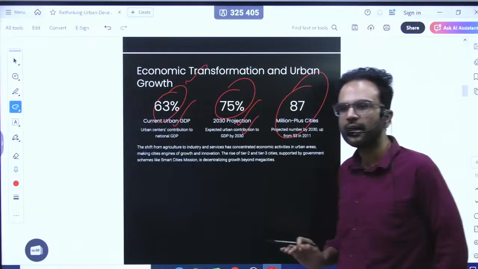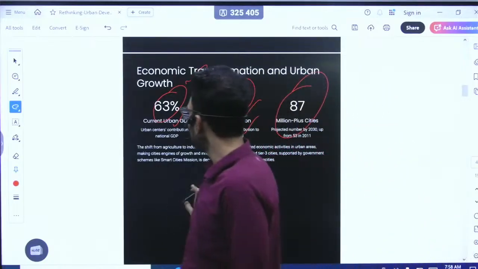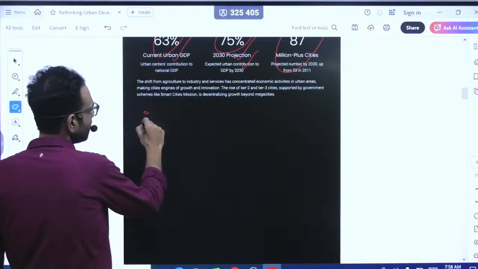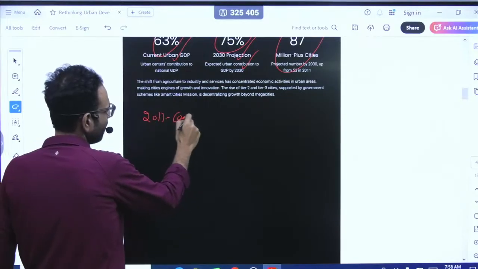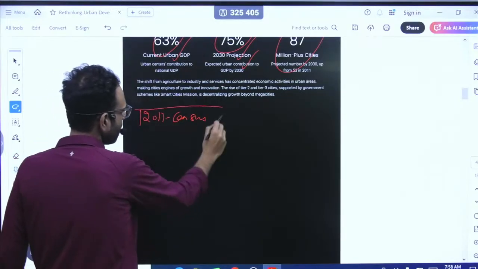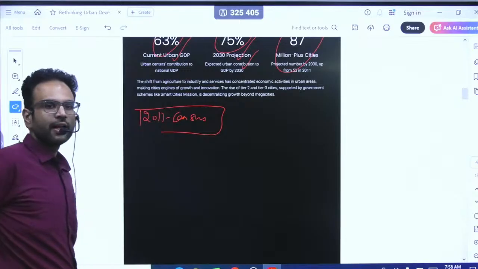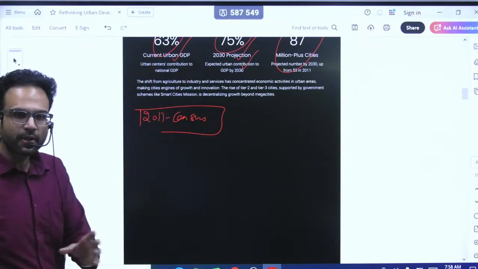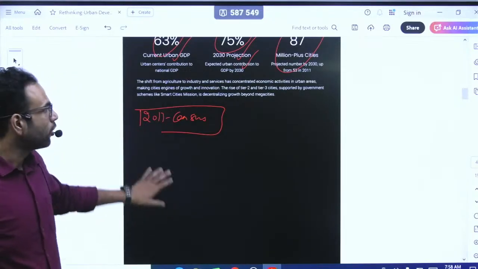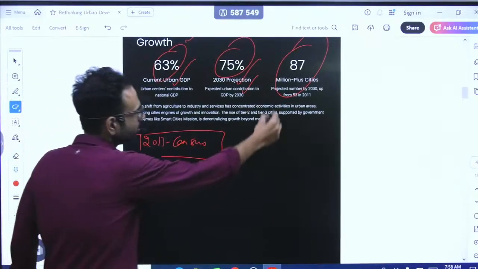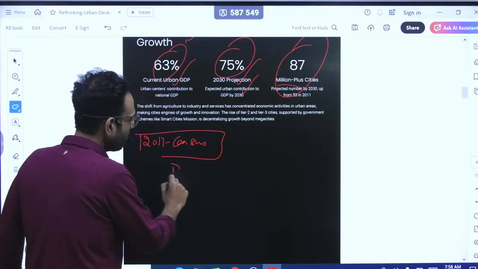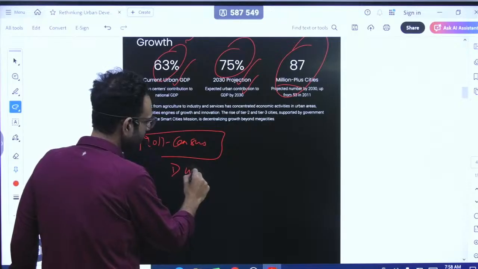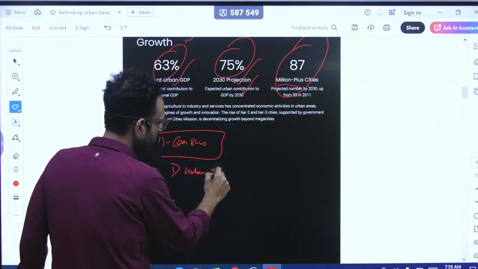Now here is an assignment for you. I want you to go to the 2011 census. Even this is explained in your NCERTs. There are certain terms. As per the 2011 census, you have something called million plus cities. How is urban agglomeration defined?